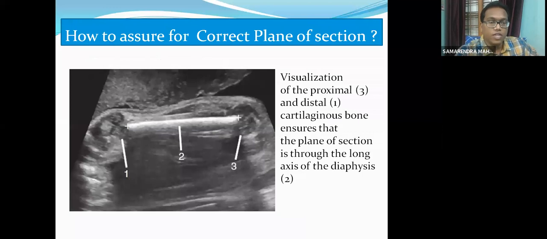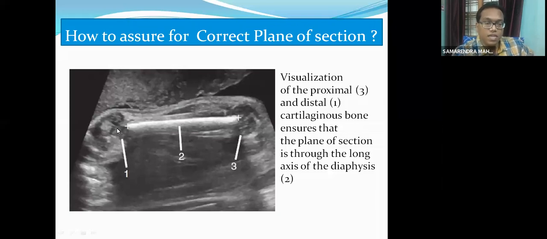So how to assure that we are in the correct plane of section? This is a grayscale image showing the whole femur diaphysis, and at the end of the hypoechoic part is the femur diaphysis.